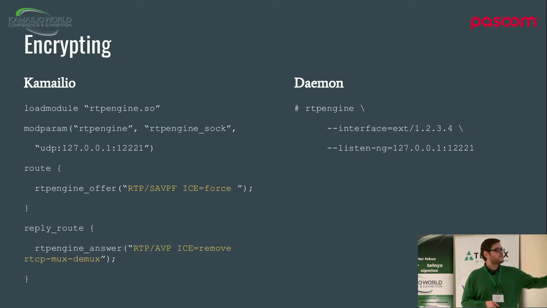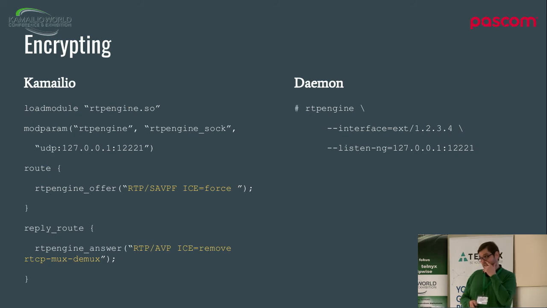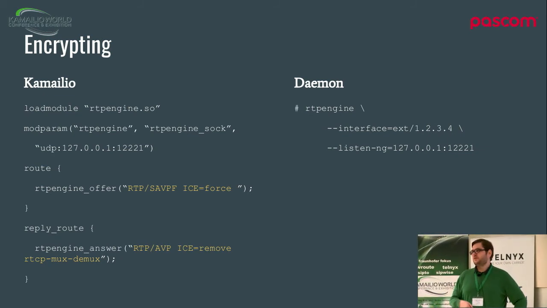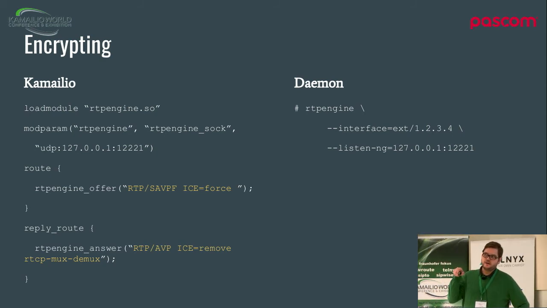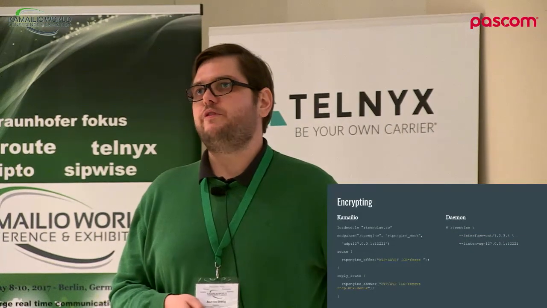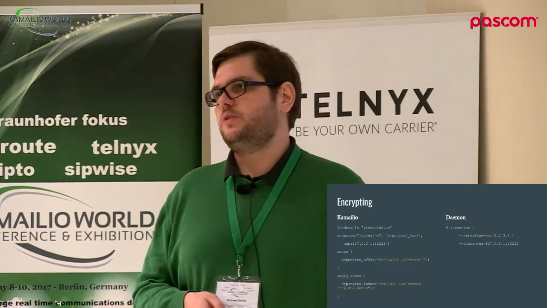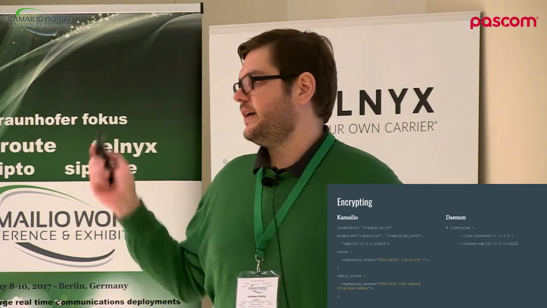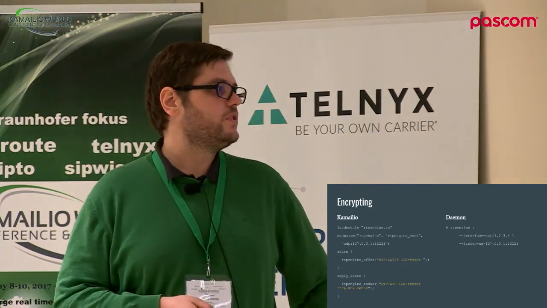And in that case, I could say, okay, I want to force ICE, which means RTPEngine is going to remove whatever ICE candidates are there and put itself as the sole and only ICE candidate into the SDP information, meaning that the media will always be anchored on the RTPEngine. That's pretty important if you want to make sure that calls are not going to go point to point rather than being relayed by your proxy.